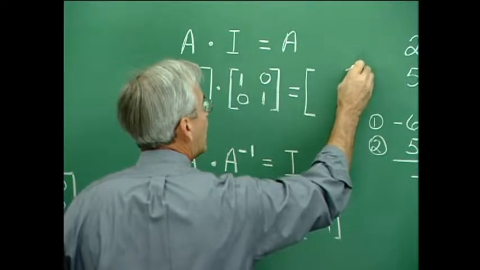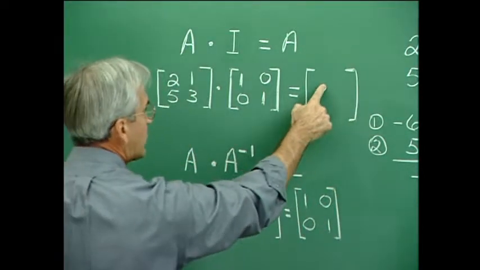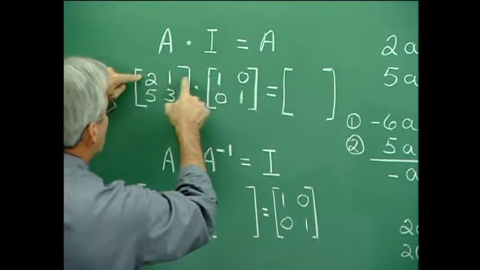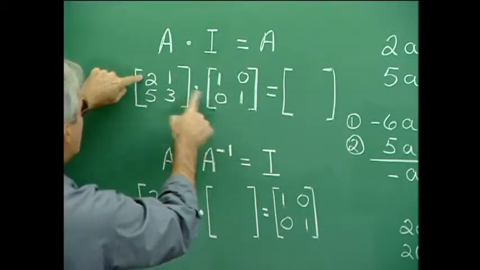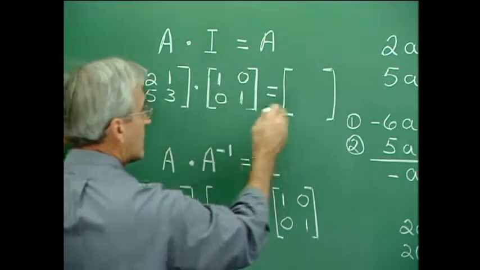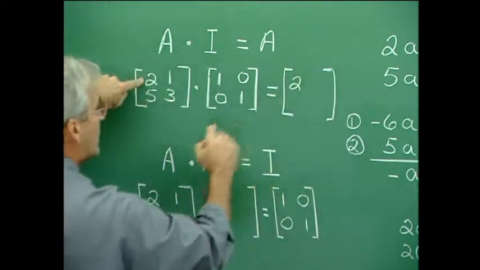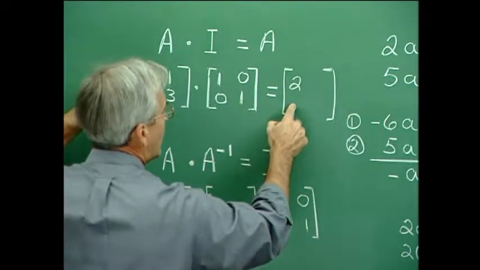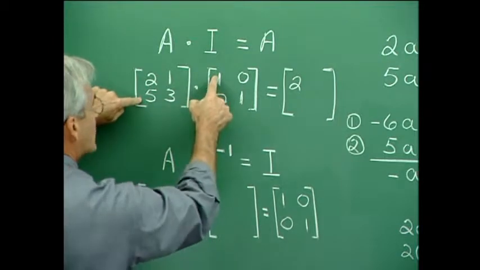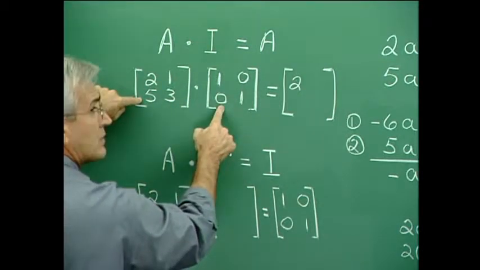All right, and this works as an identity matrix because of the nature of the multiplication. Now think about that. For this entry, we're talking about first row, first column. So we multiply along the first row times the items in the first column here. So 2 times 1, 2, and then 1 times 0, 0. 2 plus 0 is 2. And then down here we're talking about second row, first column. So we have 5 times 1, 5, plus 3 times 0, 0.